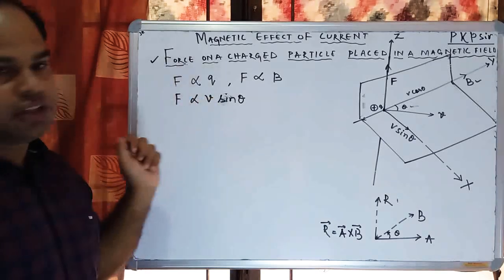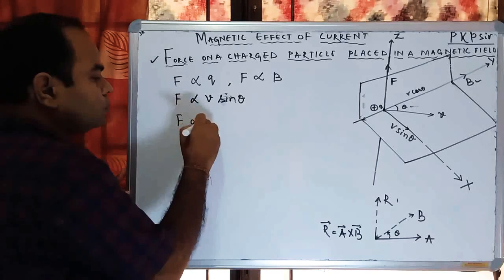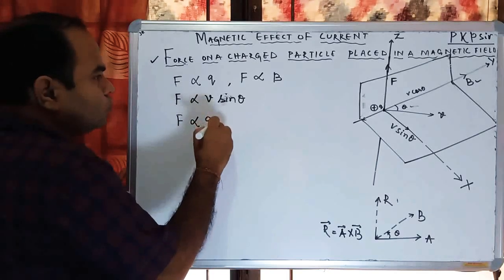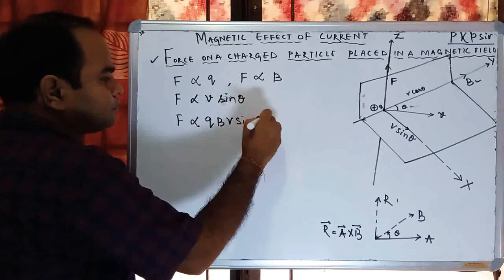Okay, from the above condition we can write F is proportional to Q B v sin theta.